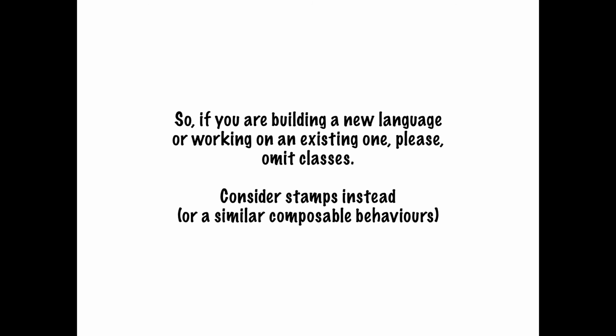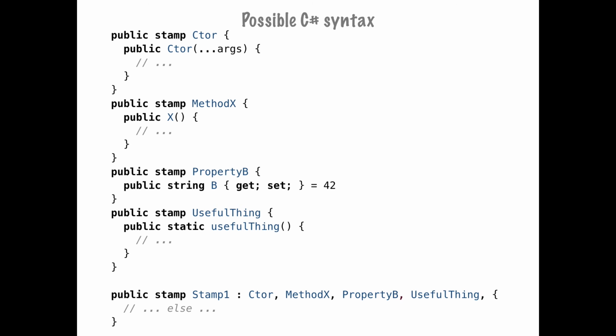So they are limiting in each language. They're for some reason limiting, as they call it, traits actually. So stamps are kind of a variation of traits. Just imagine this is C#. Just imagine you can write things like that in C#. This would mean that your classes would be much shorter.